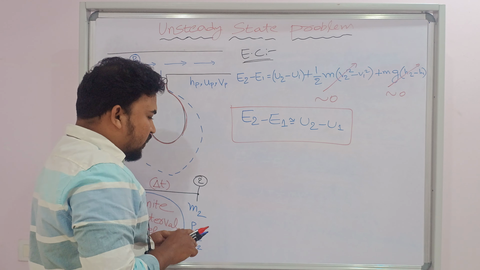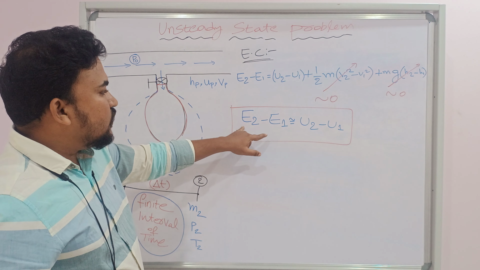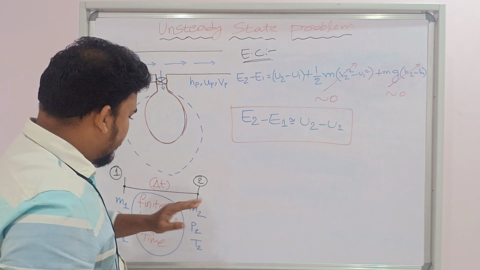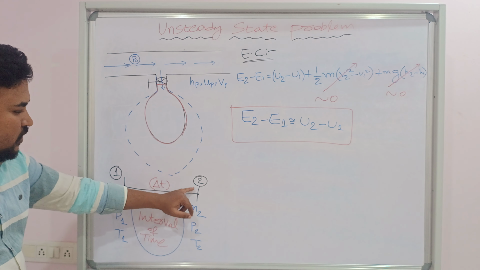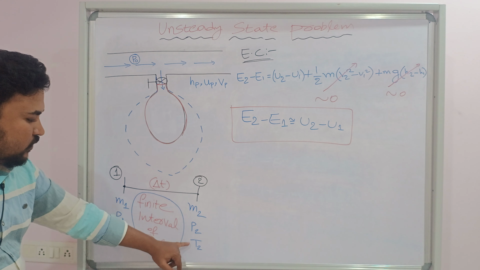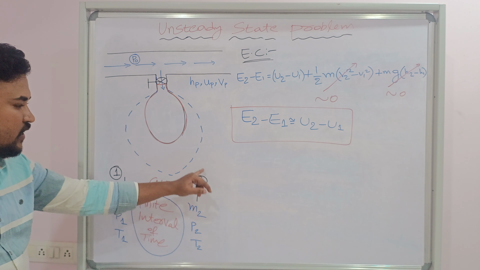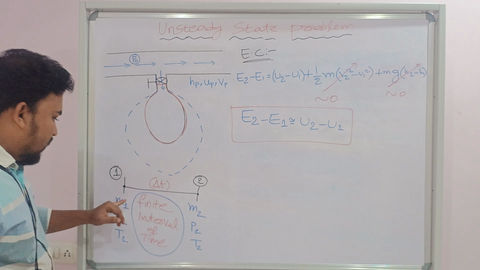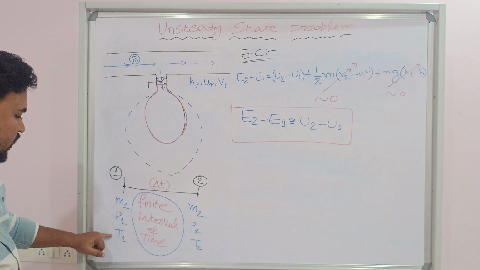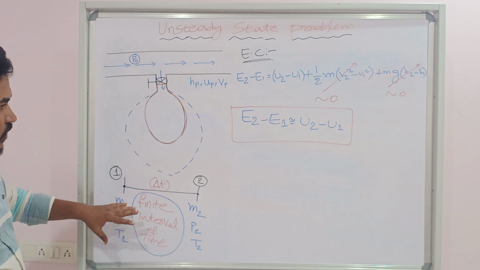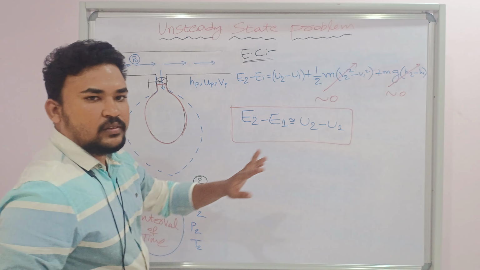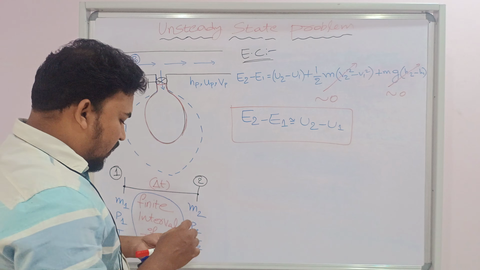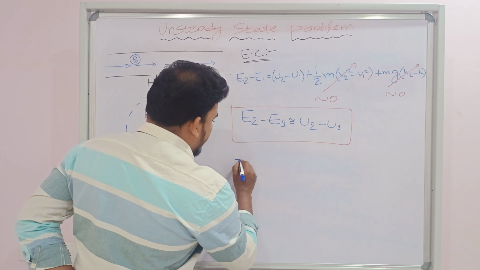Okay, but I want to know what E2 is, and what E1 is also. See, E2 means the final state having some properties. Definitely it will have some internal energy at state 2. For E1, mass M1, P1, T1, definitely it has some energy, that is E1. That is clear. Okay, so my energy equation is like this now.